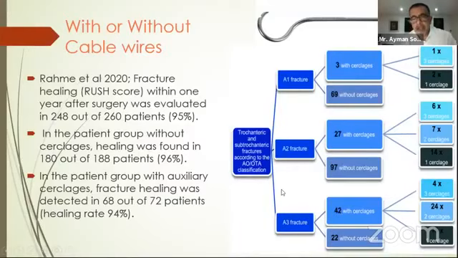When you look at patients and you consider that the risk of mechanical failure is really high, look at these results. The results range from 96% success with radiological union with the more stable entities, and with those more unstable entities, 94%, which is still quite good. And that is with the use of cable wires, up to 3 of them.